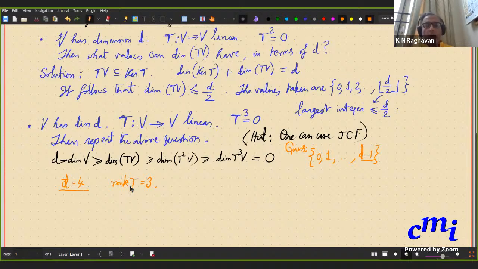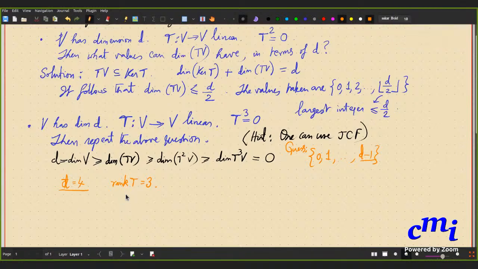So I claim you cannot. Let me give you a proof. To get you started: rank T is 3. What does that mean about the kernel? It should be one dimensional.